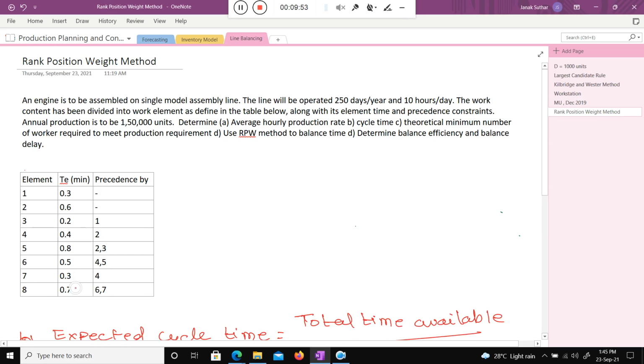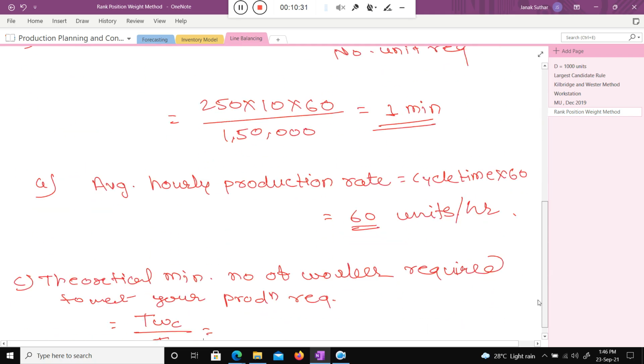Class, quickly add all the work element times. I'm also getting 3.8. Anyone getting 3.9? Only one student. Okay, 3.8, good.